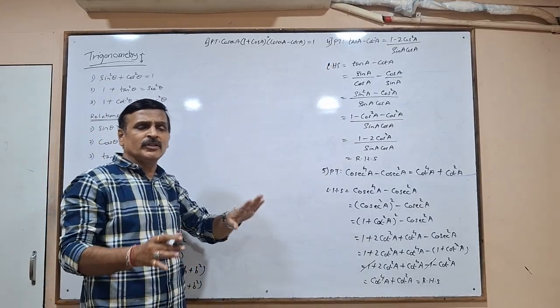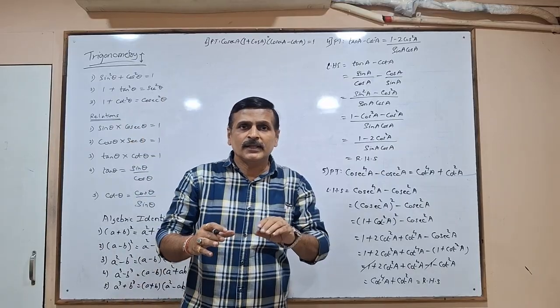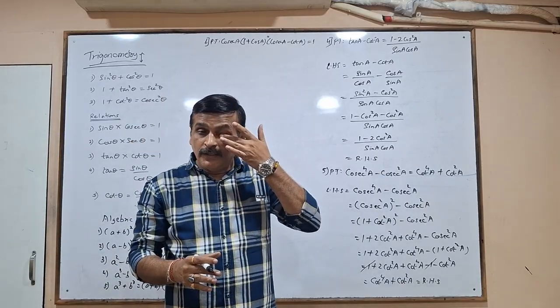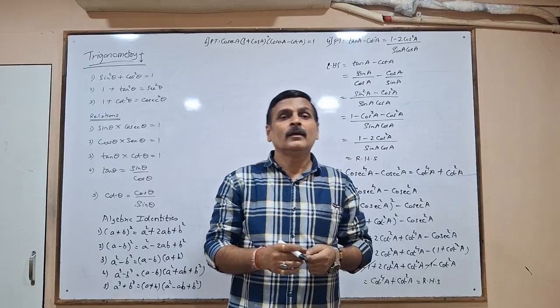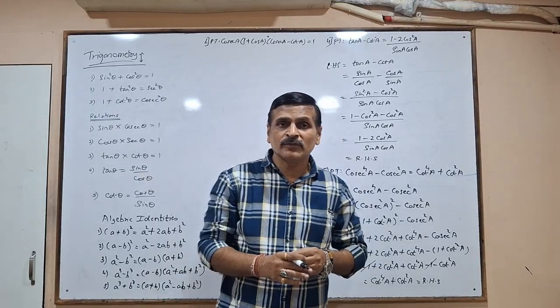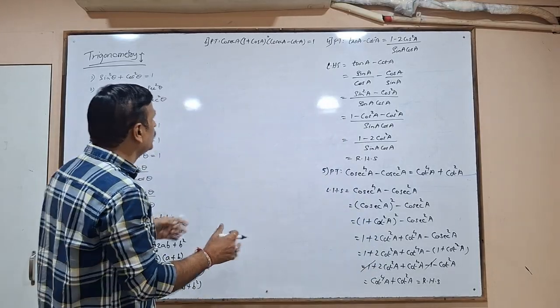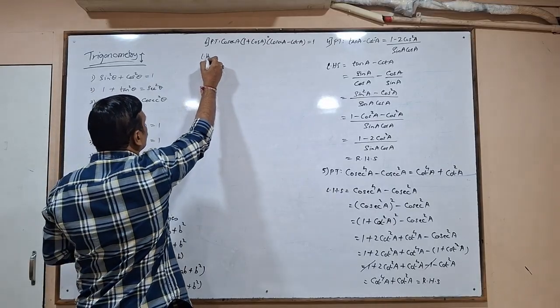And the way to simplify in trigonometry, or lead to the answer quickly, is by converting everything to sine and cos. Always to be done in the same way.